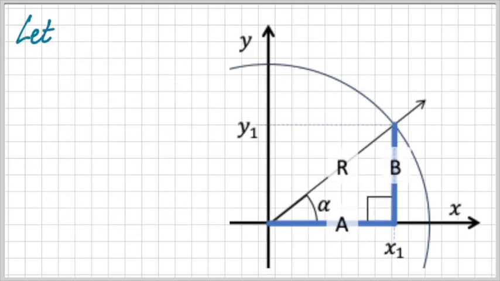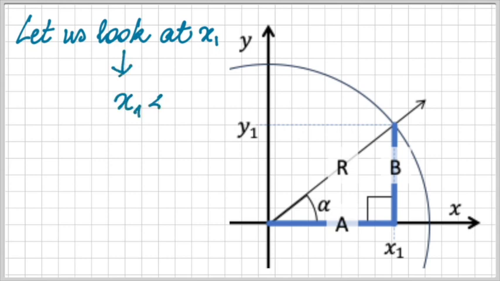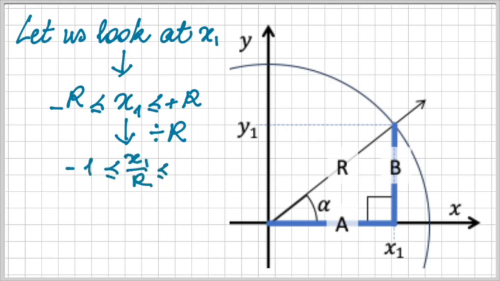Now let's have a look at x1. We're first going to define the cosine. I'm sorry, I said the sine, but it's the cosine. When we look at x1, x1 is between minus r and plus r. When we divide both sides by r, we find that x1 divided by r is between minus 1 and plus 1.